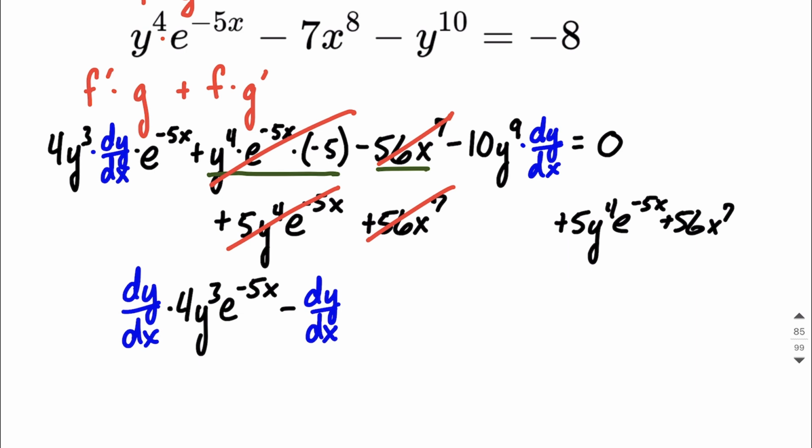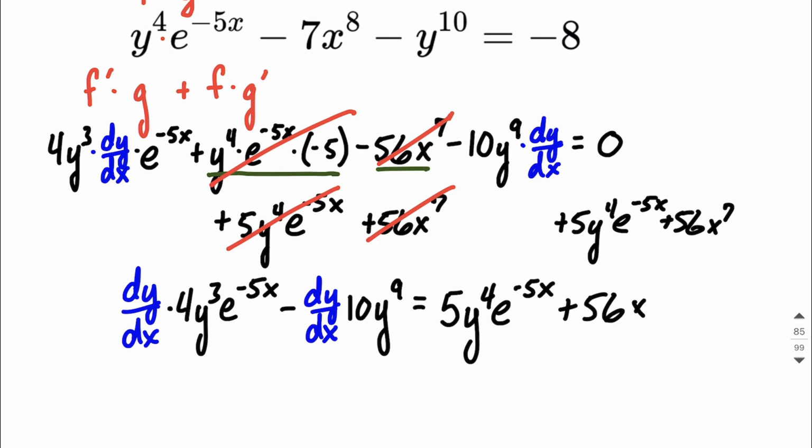You don't have to put this out in front, but I'm going to go ahead and do it. Then we had a 10y to the 9th power. And then over on the right-hand side, as we move those two terms over, we'll end up with positive 5y to the 4th, e to the negative 5x, plus 56 x to the 7th power.